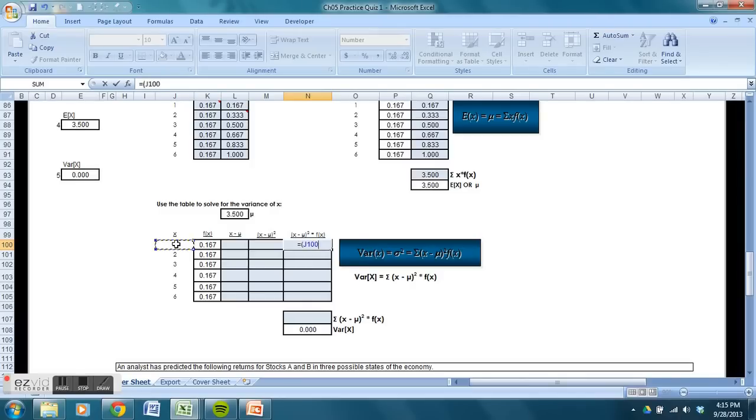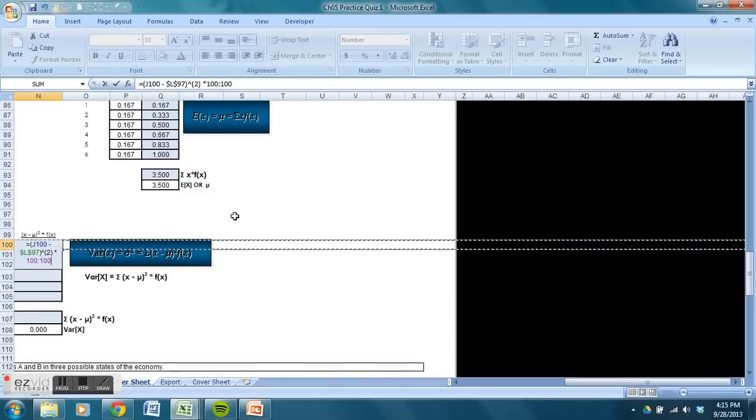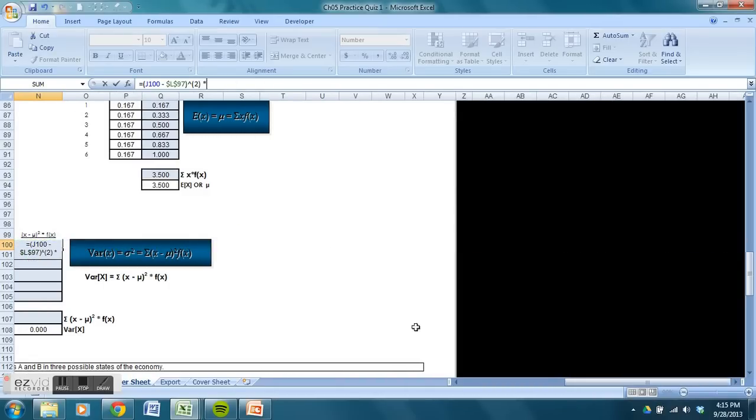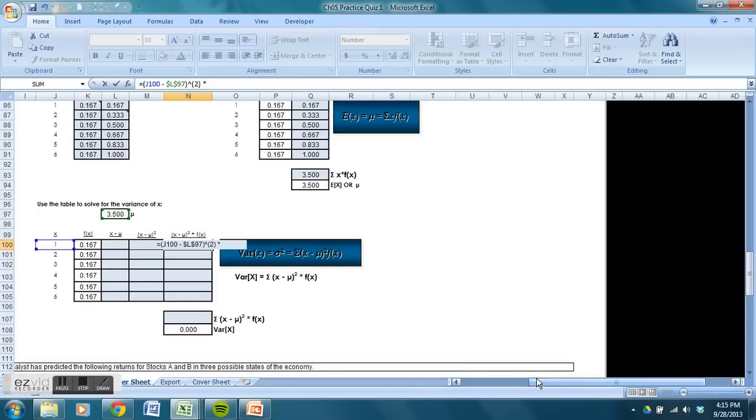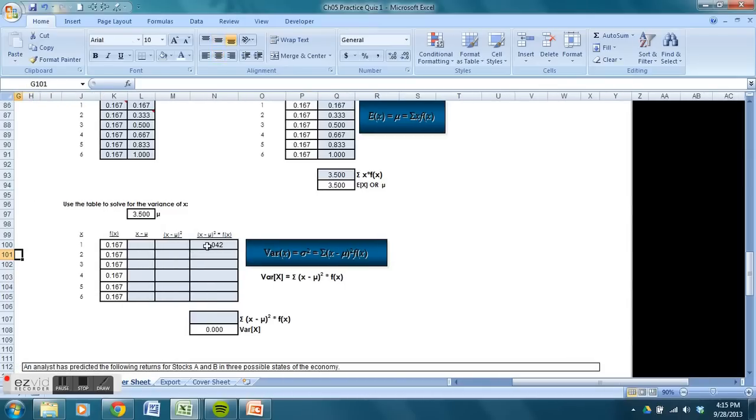X minus mu, lock this in place, squared, and then we can take this whole thing and multiply it by the probability of it happening, which we solved for above. And that's going to be our answer, and you could do that for each instance.